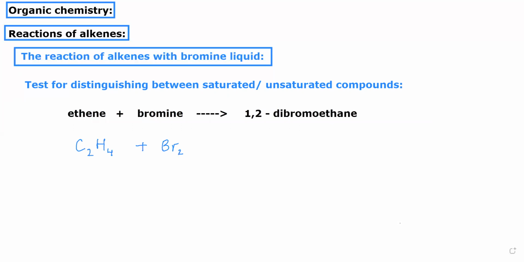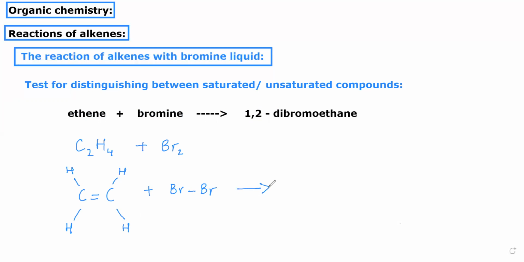Then, I am going to draw the structural formula of it. When I draw the carbon-carbon double bond with H's, this is my ethene, and it is going to react with bromine.